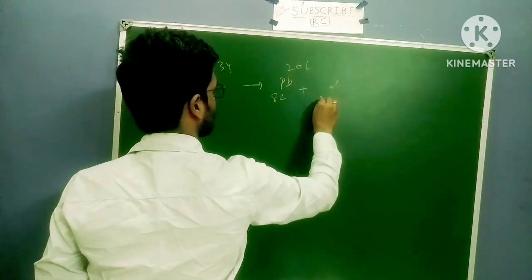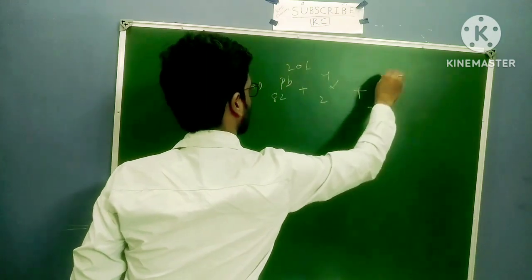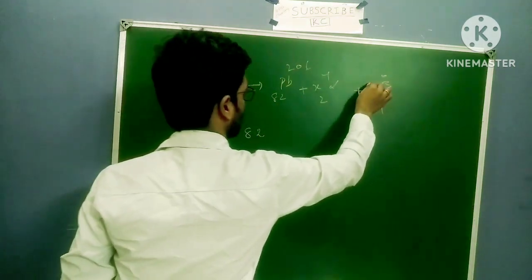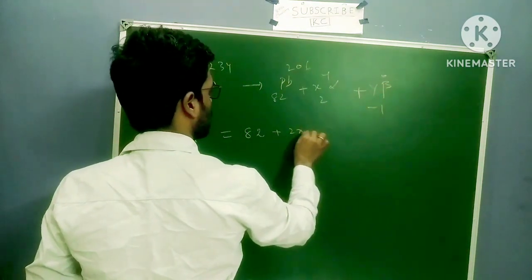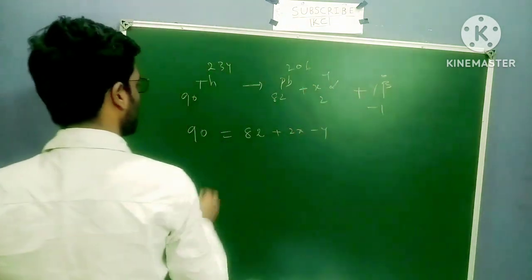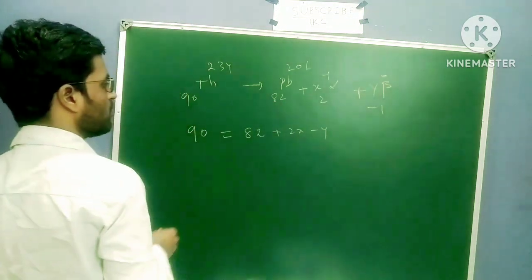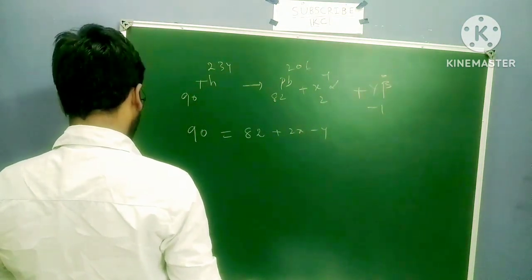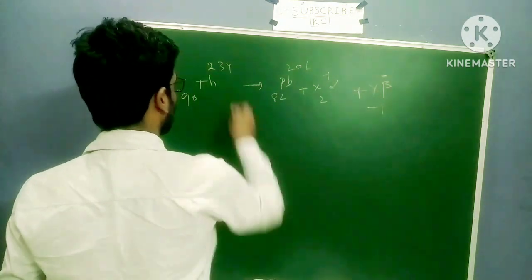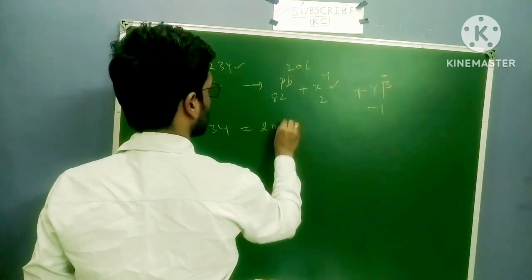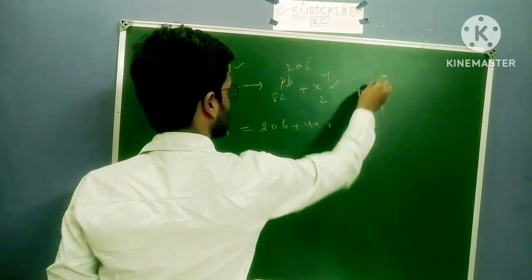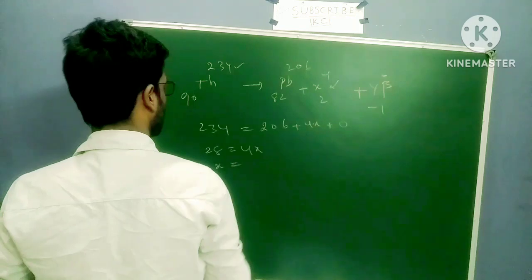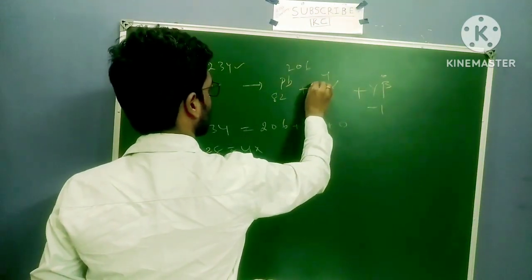See, let the number of alpha particles be x and the number of beta particles be y. For the mass number: 234 equals 206 plus 4x plus 0y. 234 minus 206 is 28, equals 4x, so x equals 7. So 7 alpha particles.